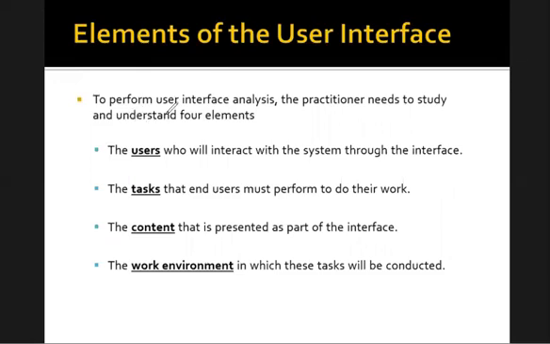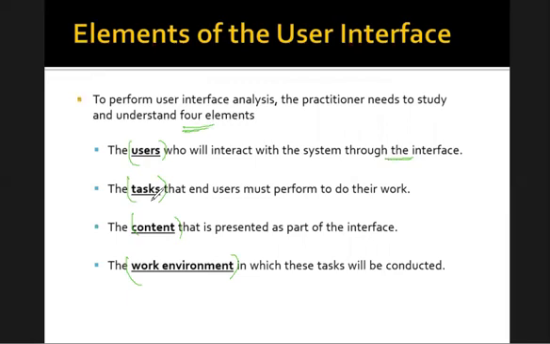To perform user interface analysis, the practitioner needs to study and understand four elements. Those four elements are your users, tasks, content, and the work environment. The user who will interact with the system through the interface is called your user.